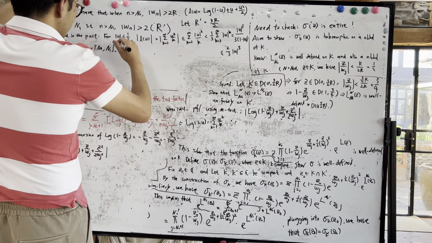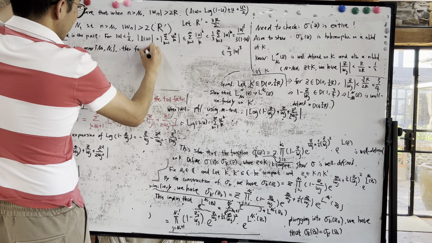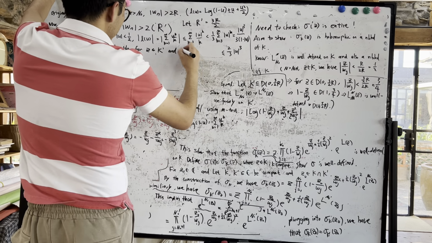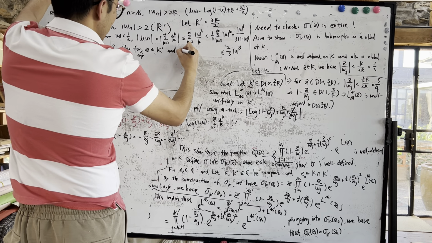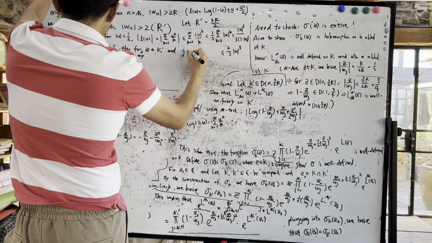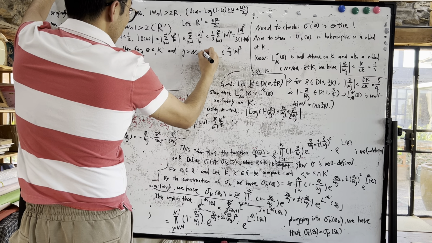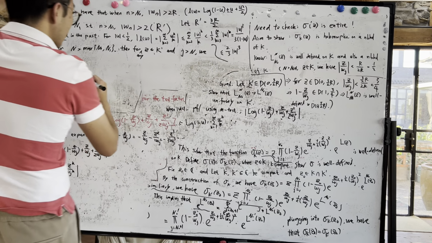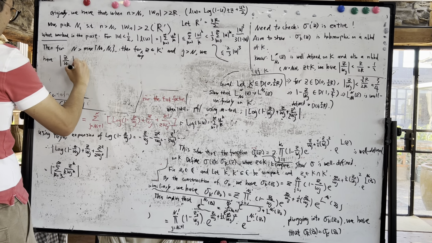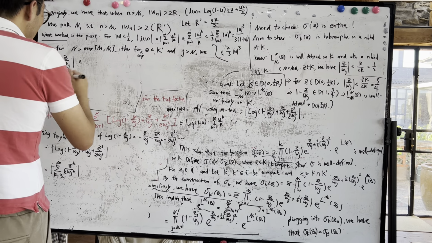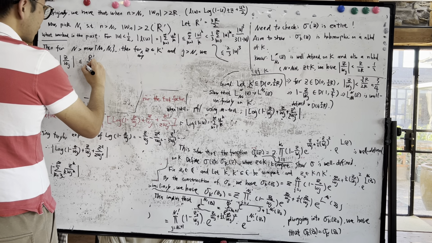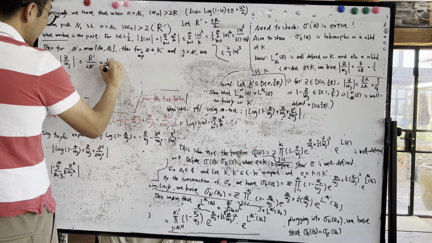So then for z in k prime, and actually for any z in k prime, and also n, let me use j. So j bigger than n, we have the modulus of z over omega j is less than or equal to r prime over 2r prime, right?